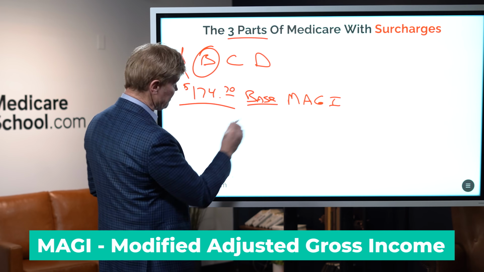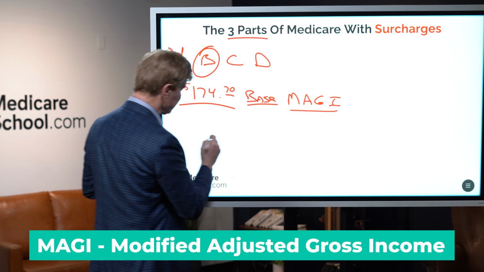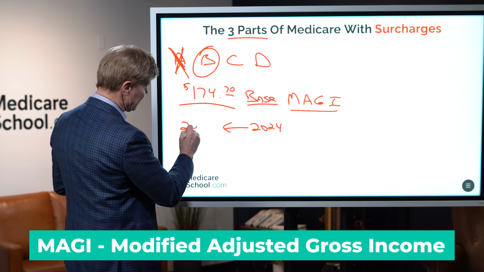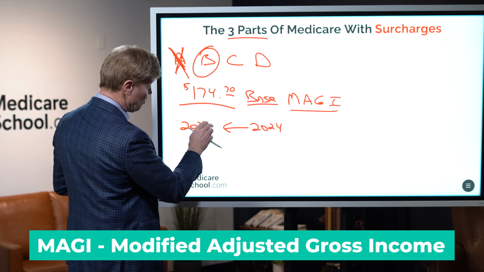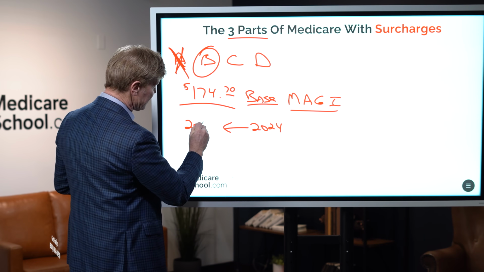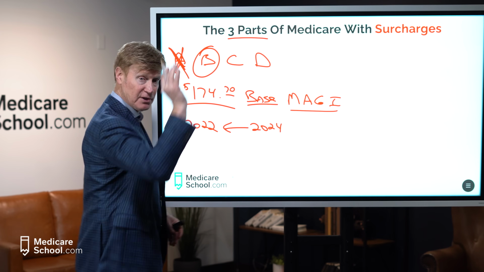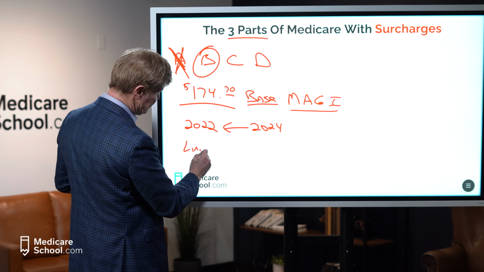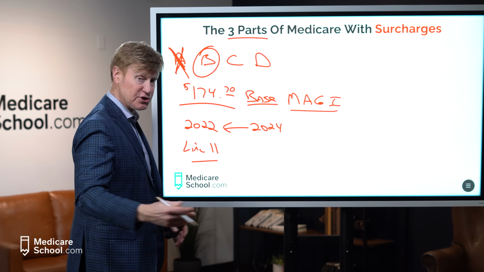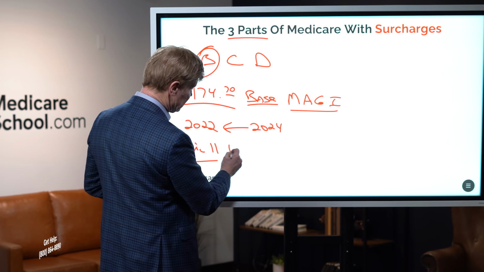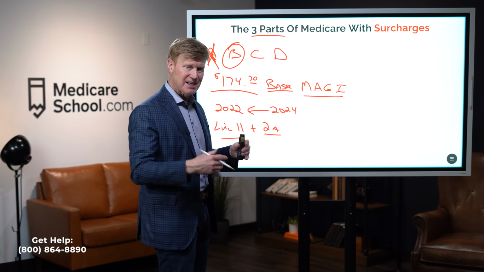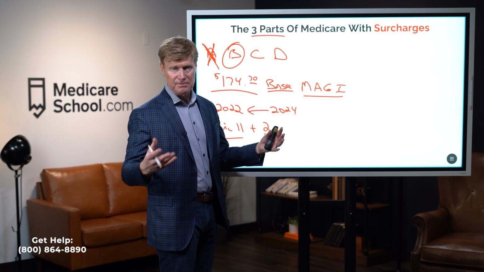If you want to know your modified adjusted gross income, if I'm on Medicare in 2024, they're going to look back at my modified adjusted gross income in 2022. They always look back 2 years, so in 2025, they'll look at 2023. They look at line 11 on your tax return, which is the adjusted gross income line, plus line 2A, which is for tax-exempt interest, such as some savings bonds and municipal bonds.